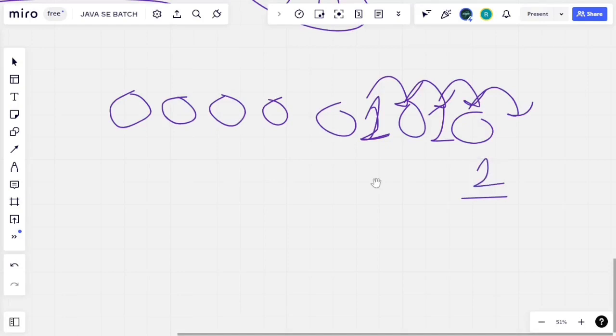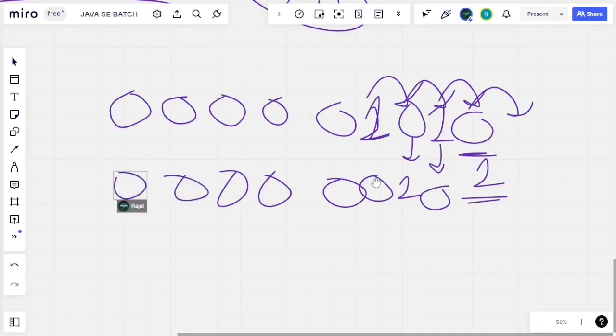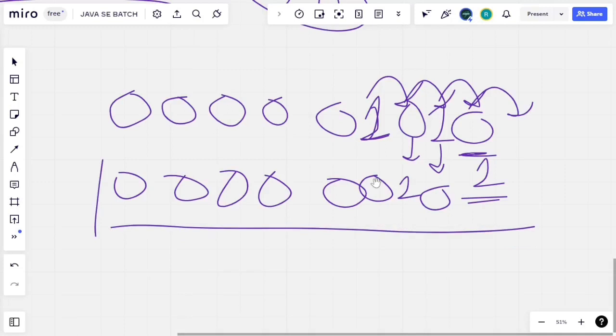This will be shifted to this place. Now 1 is here. At this 1, we need to write 0. At this 0, we need to write 1. And the remaining places will get filled by zeros, as I have mentioned. So this is nothing but the signed right shift operator.